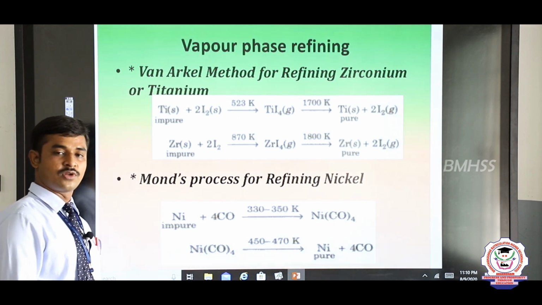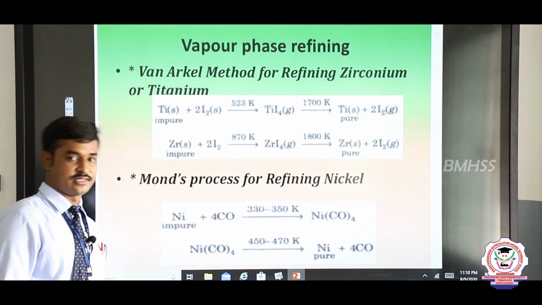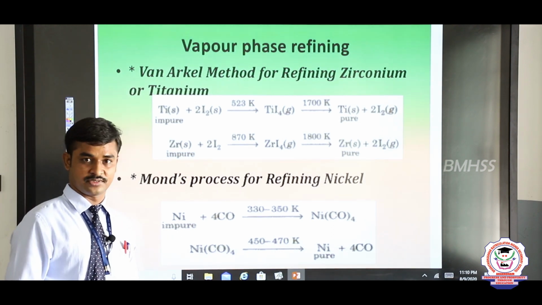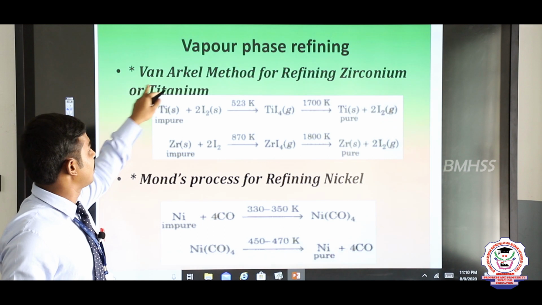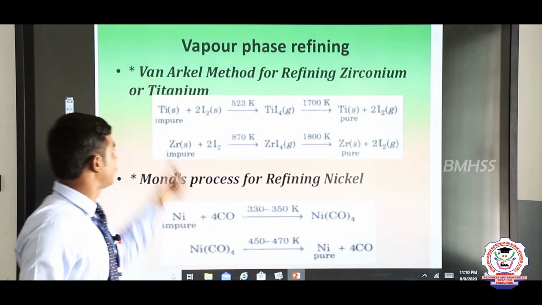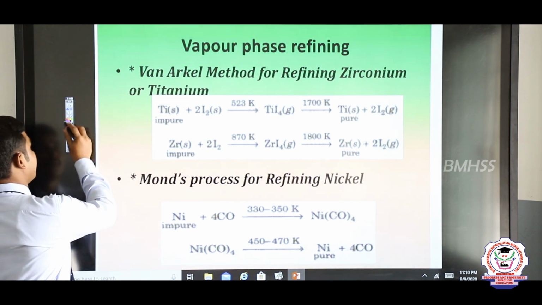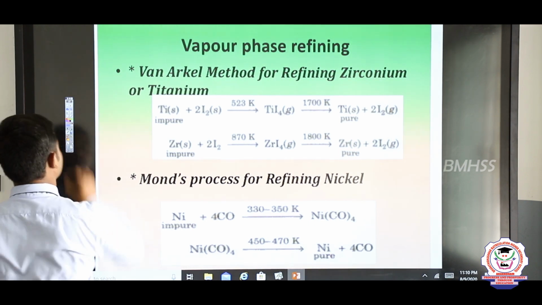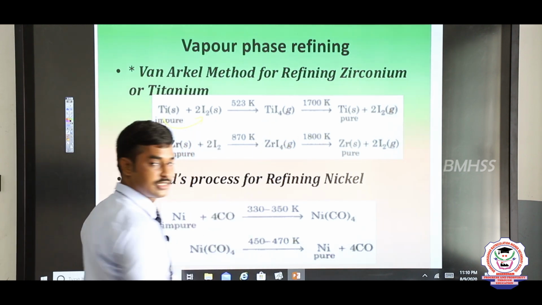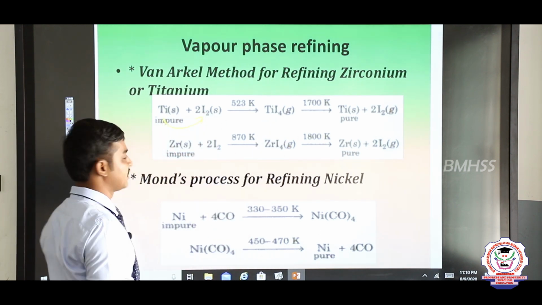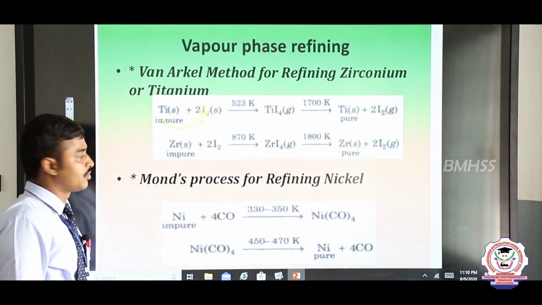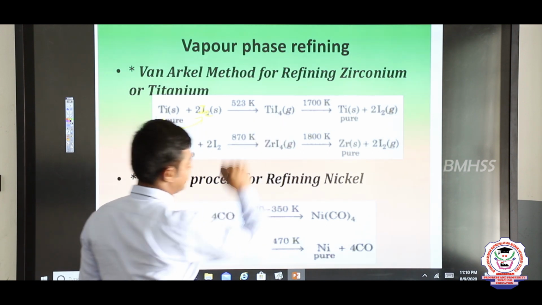And our last process is the vapor phase method. In this process, the metals are used only in the vapor phase. For example, one process is the Van Arkel method and another one is the Mond process. In the Van Arkel method, the titanium metal forms titanium tetraiodide by reacting with iodine molecules.